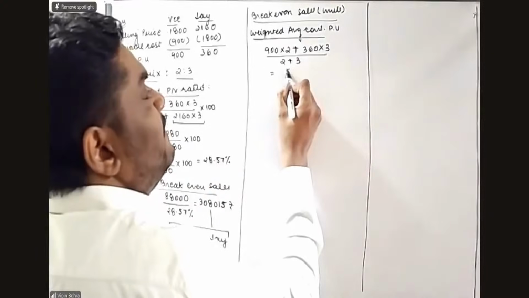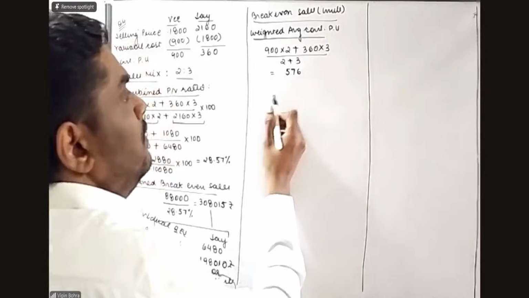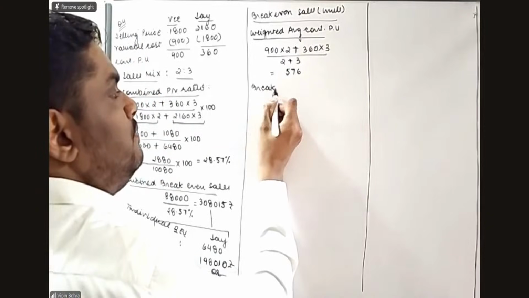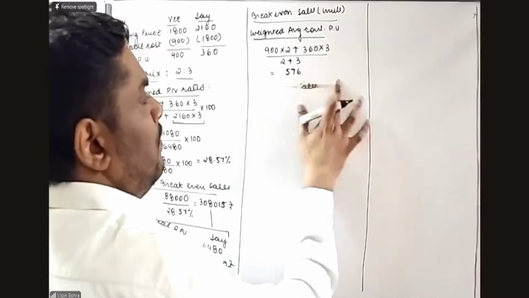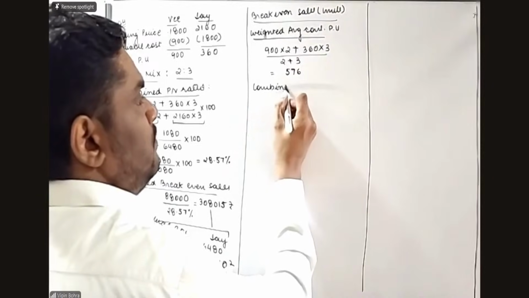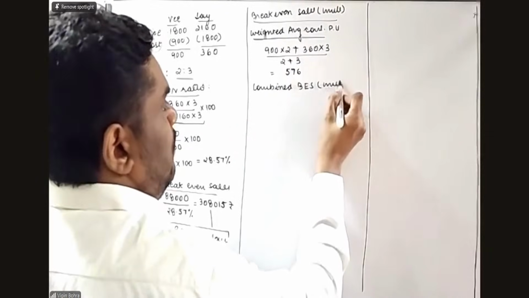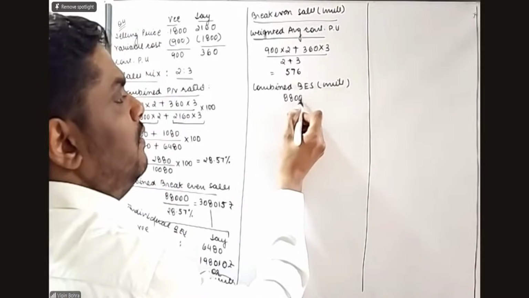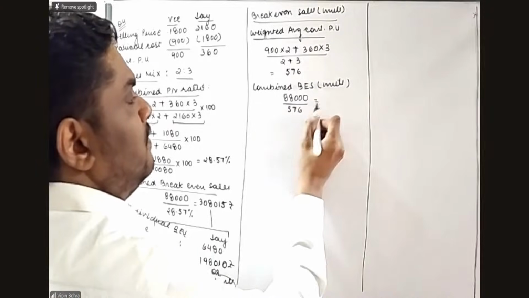So this is 576. Now, if you want to calculate, it will be my fixed cost 88,000 divided by 576.